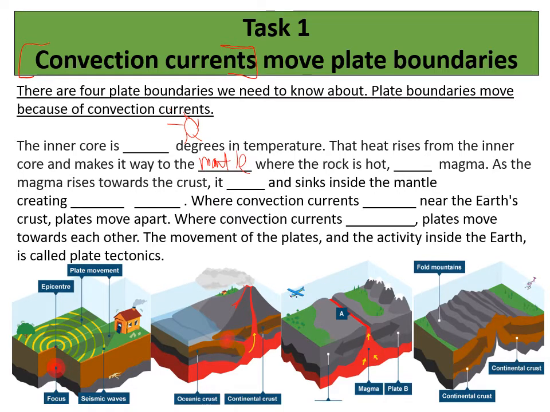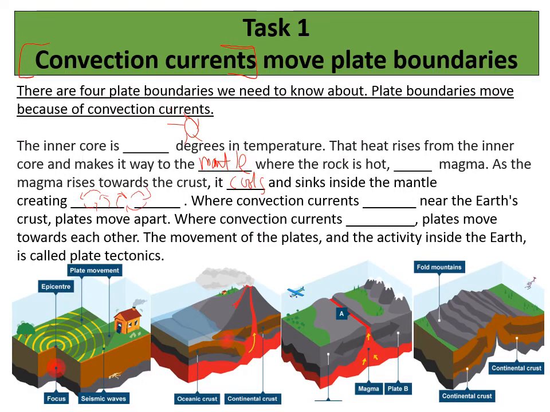And as the magma rises towards the crust, remember that it starts to cool. So as it cools, it sinks inside the mantle, creating what we're talking about here, these convection currents, where they either move towards each other or they move away from each other.